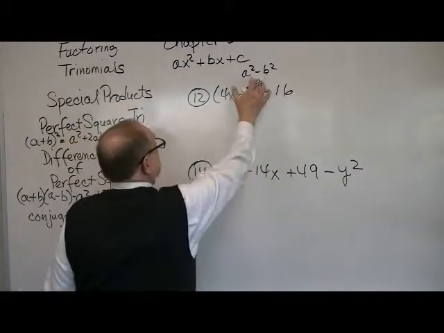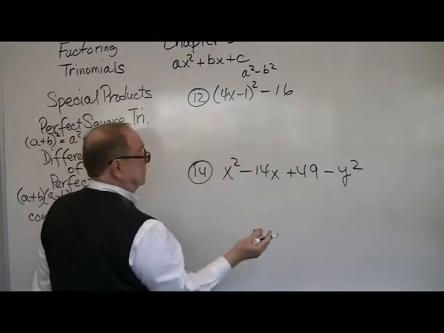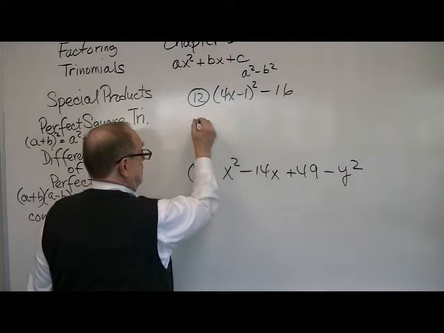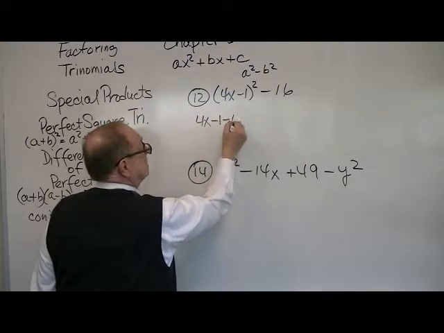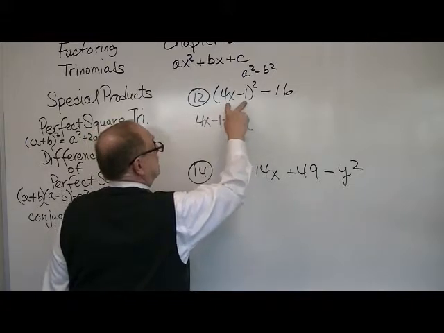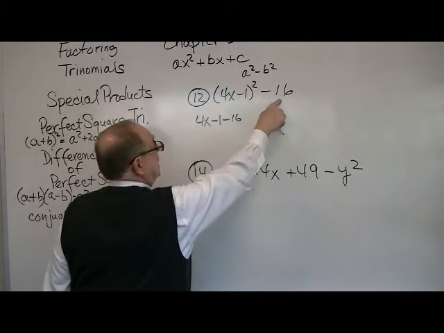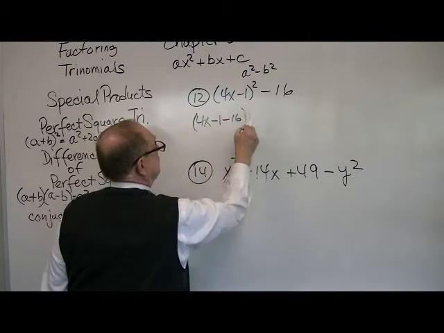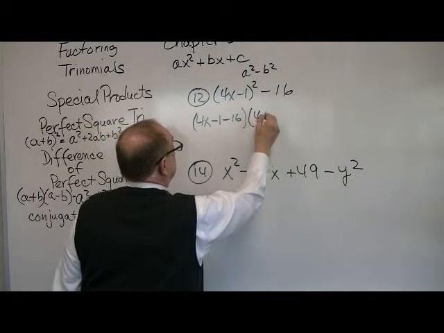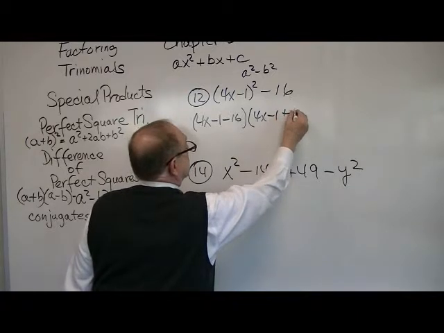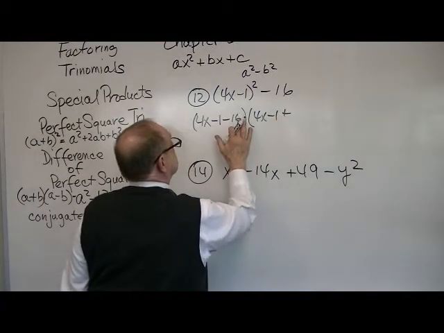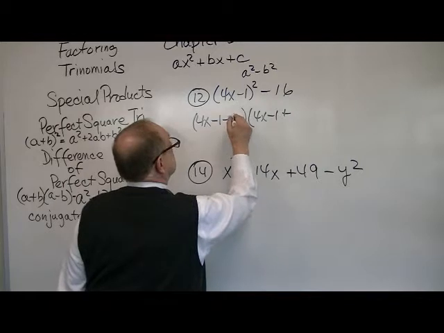So it will factor into its conjugates, which are 4x minus 1 minus 4, and 4x minus 1 plus 4. Excuse me, not 16, it'll be a 4 there.